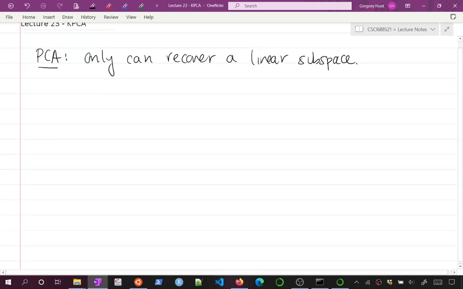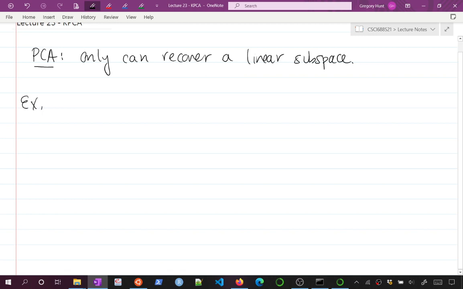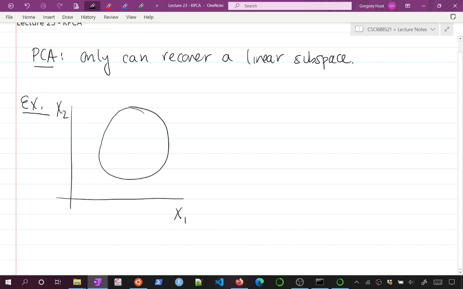An example here is illustrative: if I have some data, maybe I've measured two variables, x1 and x2, and maybe my data basically lies on some circle. So here are the actual data points I measure in red, where x is a data point, and they basically lie on some circle.